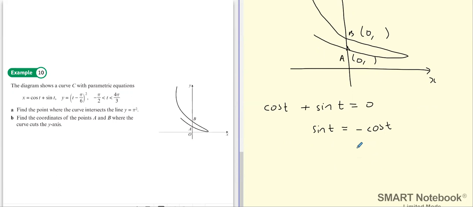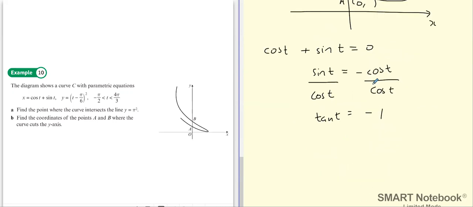What will this turn into? That's good, tan. If I divide both sides by cos t, I get tan t equals minus 1.